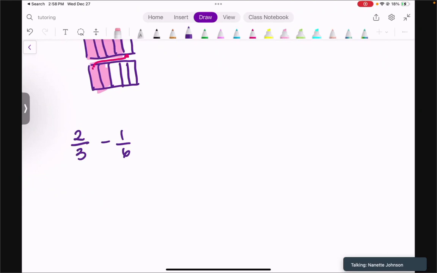So the picture that I want you to think about maybe is, again, brownie pans. And sixths to me look like this. Thirds this way. Okay, so we got 2/3 here. And we need to take away 1/6, which looks like this guy right here.